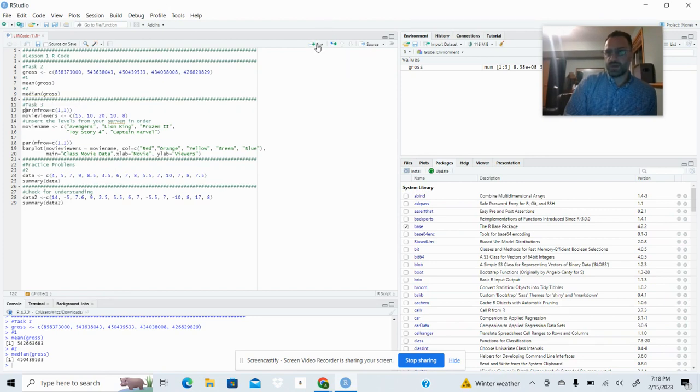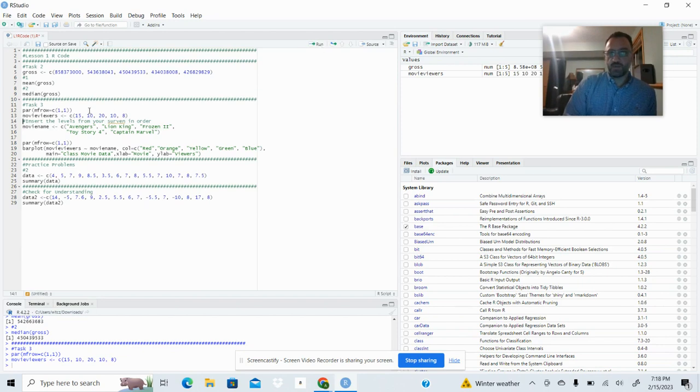That just gives me a blank panel when it pops up over here when I make my graph. I'm going to put the movie viewers in a vector that says 15, 10, 20, 10, and 8 for the people that watched the movies Avengers, Lion King, Frozen, Toy Story 4, and Captain Marvel, respectively, in that order. So 15 goes with Avengers, 10 goes with Lion King, and so on.